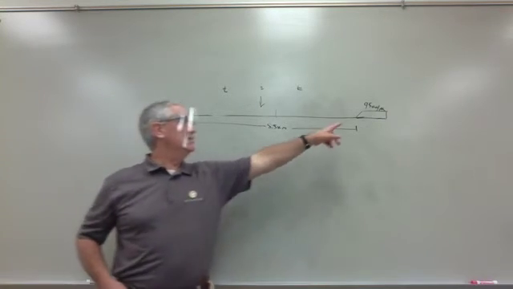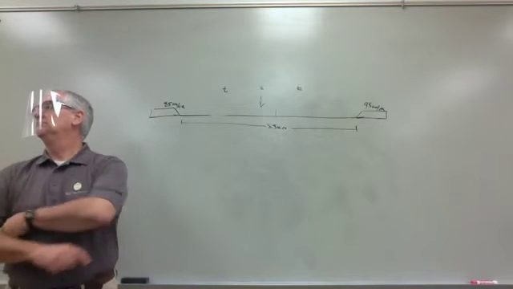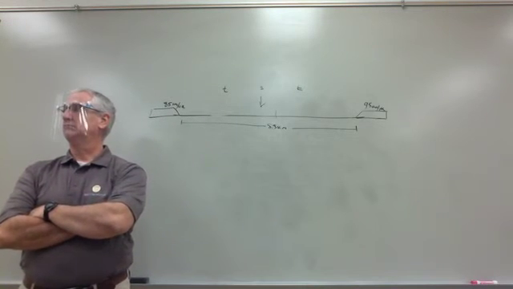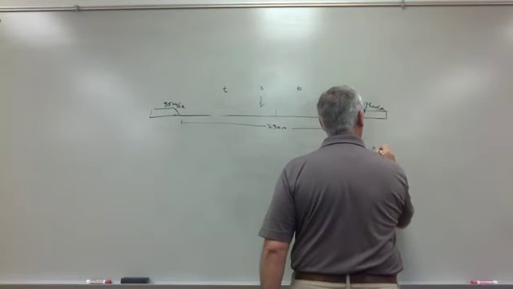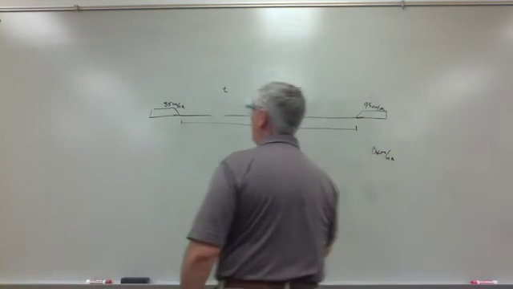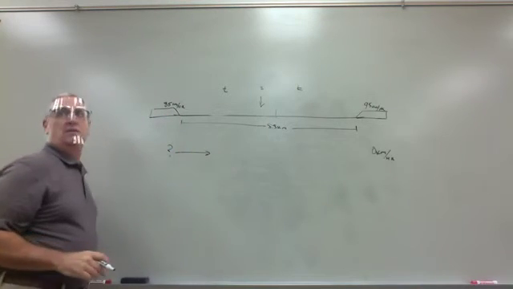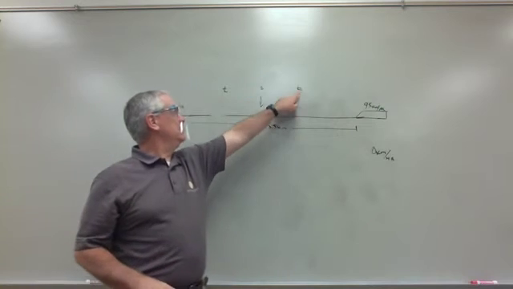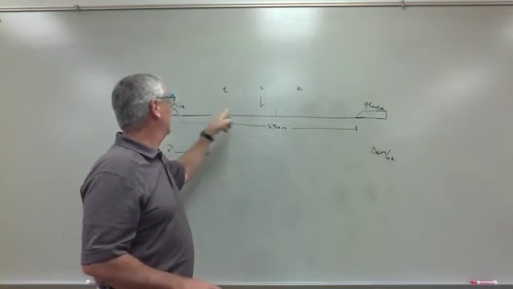If this guy was sitting still, how fast would he have to go? So I'm changing the speed. If I set this guy to 0 kilometers per hour, how fast would this guy have to go that way to cover the whole distance in the same length of time as this guy goes to here and this guy goes to here?